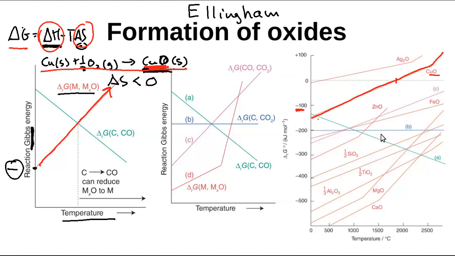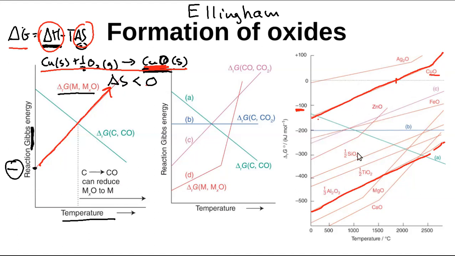This diagram shows a lot of different metals. For example, aluminum, the formation of aluminum oxide. It's that line. One can ask, formation of copper oxide or formation of aluminum oxide, which one? This is probably per oxygen atom, because it's 1/3 aluminum oxide here, and here's a full copper oxide.